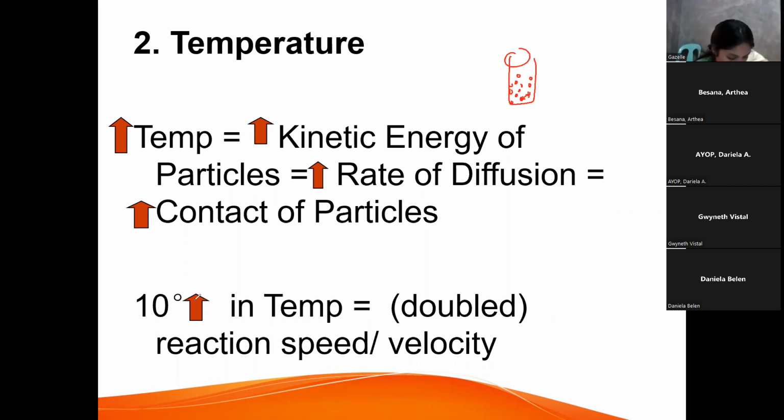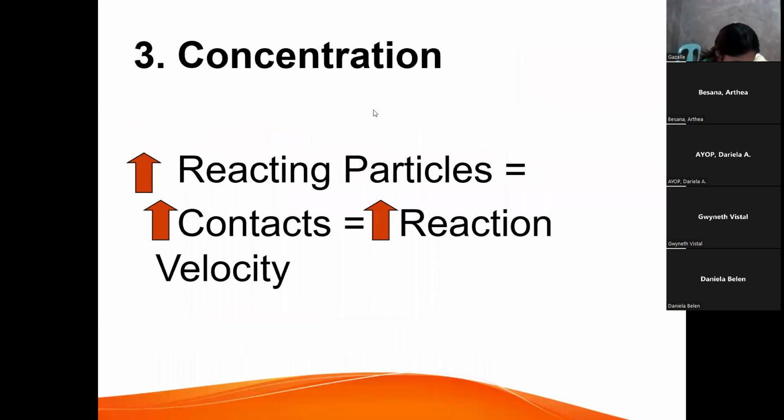Okay, so please take note of this. A 10 degrees increase in the temperature will double the reaction speed or the velocity. So marami tayong substances in the laboratory na para sa atin mas speed up yung chemical reaction, naghi-heating tayo. Okay? Merong boiling or heating na nangyayari. Okay? So that's aside from the presence of a catalyst.